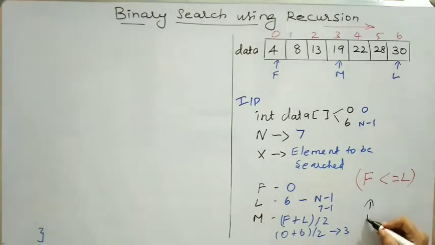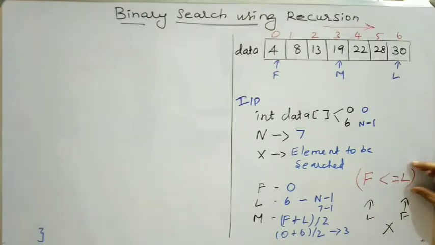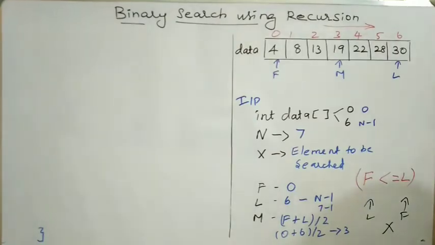In that case, l will be pointing here, and f will be pointing to the element beyond the index position of l. In that case, I need to stop my search. So using the values of f and l, I specify how long I can continue my binary search as a condition. The condition is f should be less than or equal to l. Until the condition is satisfied, I can continue my binary search procedure.